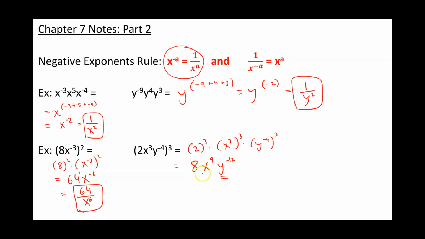Not the 8, not the x to the 9th. Those are positive exponents. This is like 8 to the 1st, and this is x to the 9th. So when you move the y to the negative 12th to the denominator, this becomes 8x to the 9th divided by y to the 12th. So only move the term that has a negative exponent and no other terms. And that's it.